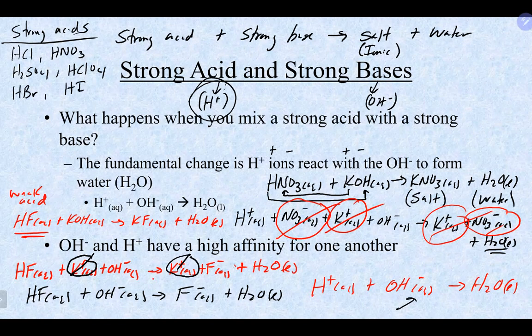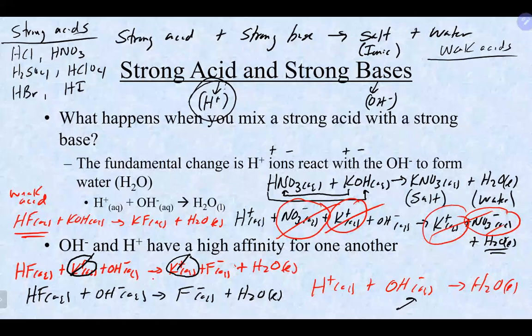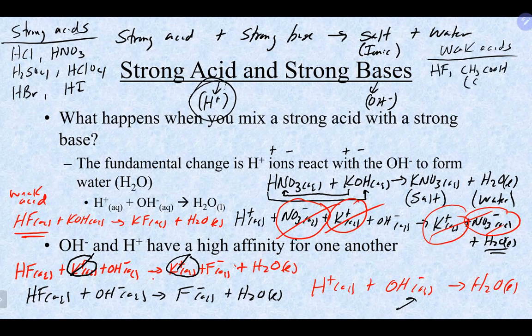And like I said, for the most part, if it's outside of that list, you're probably safe to assume it's going to be weak. Some common weak acids that you do come across: HF is a common one. Acetic acid is a very common one that you come across a lot, and it's sometimes written a couple different ways.